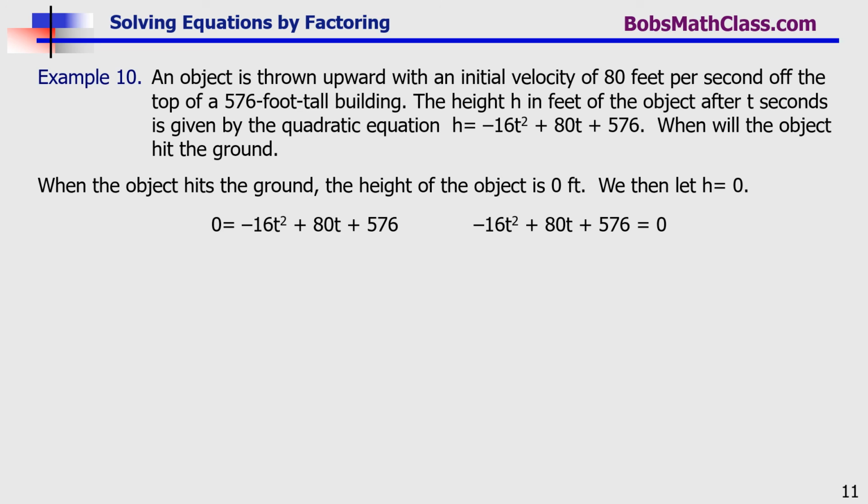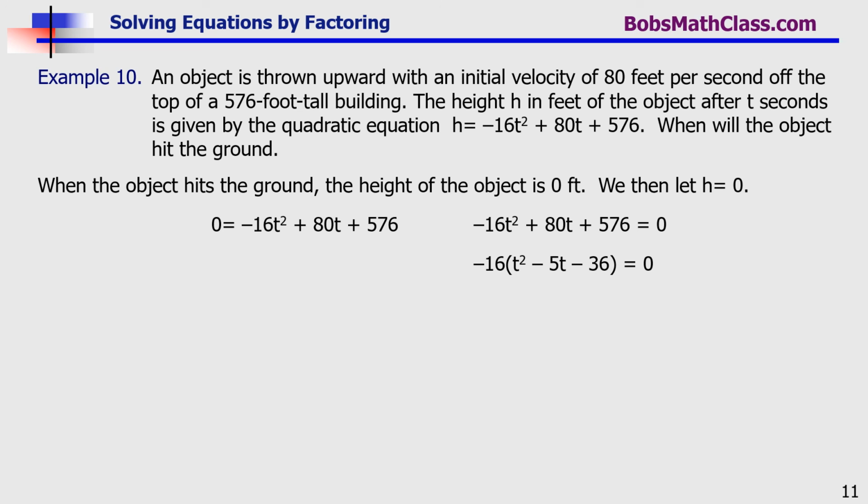Okay, so what goes into 16, 80, and 576? Well, maybe it's 16. Check on your calculator. 16 goes into 80, and 16 goes into 576. Yeah, it does. So you're going to factor out 16, actually a -16, because the first term is negative.